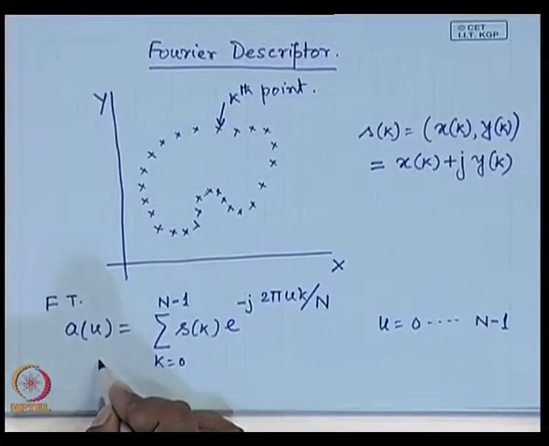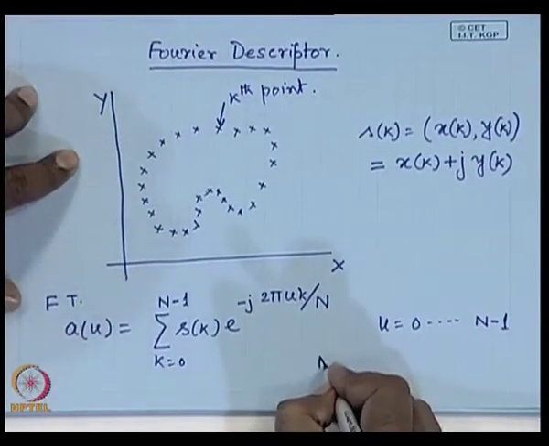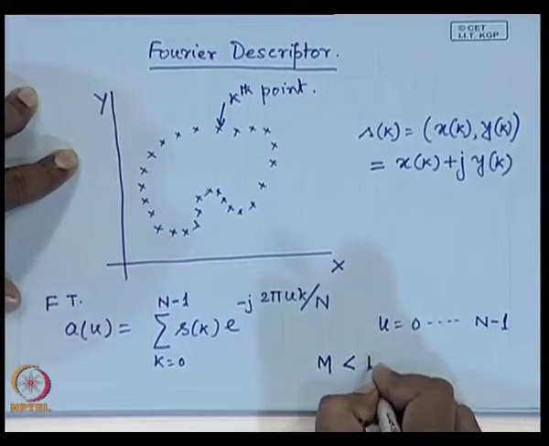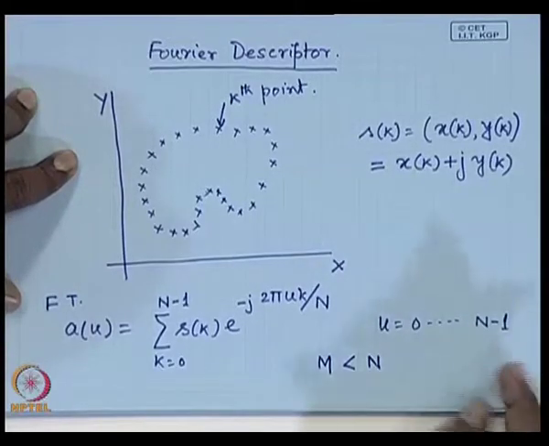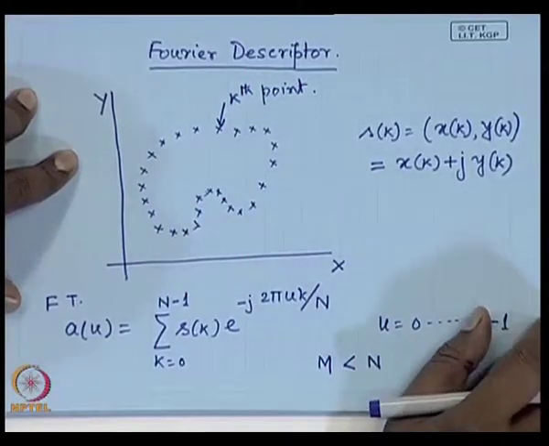So, instead of considering all the N values of A u, I may decide that I will take only M values of A u, where M is much less than N, so that I can reduce the dimensionality of the feature vector.